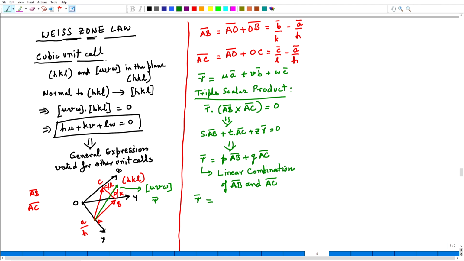Let us substitute for the vectors AB and AC this expression, which is in terms of the unit cell vectors A, B and C. So, if I do this, I am going to get vector R, and let me write down the expanded version of R as well, which would be U A bar plus V B bar plus W C bar, and this is on the left hand side.